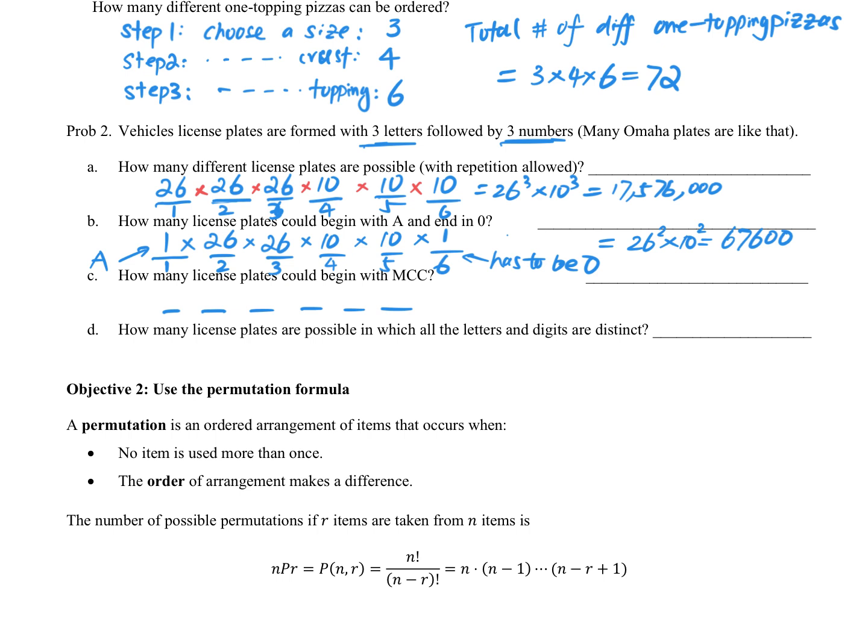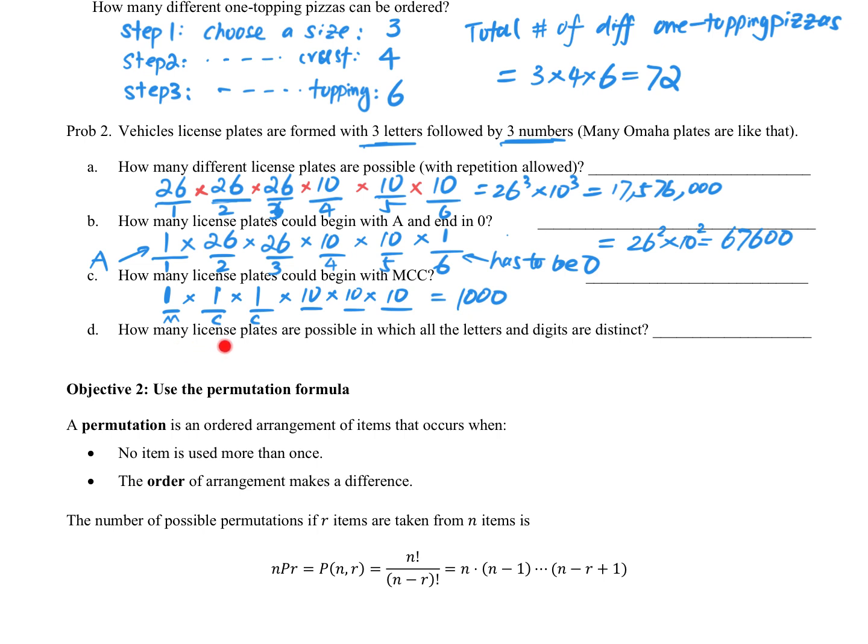Because the first 3 letters must be MCC, there is only one way for the first one, only one way for the second, and only one way for the third because it's only C. But for the numbers, there's no restriction, so you can do what we just did. 10 ways for the fourth character, 10 for the fifth, and 10 for the last. So therefore, this is going to be 1,000 possible plates.